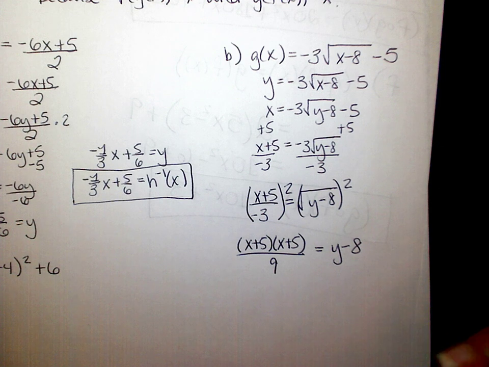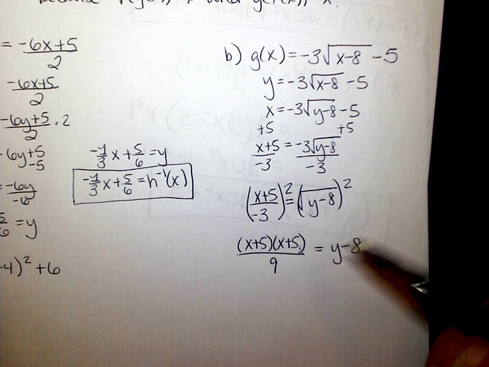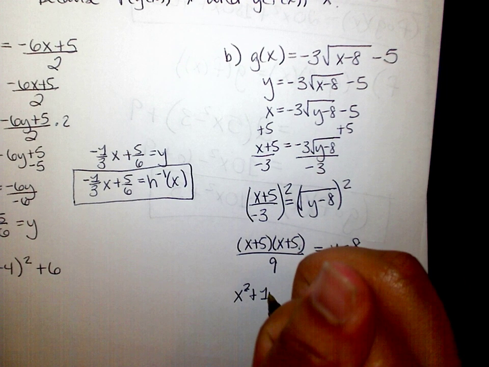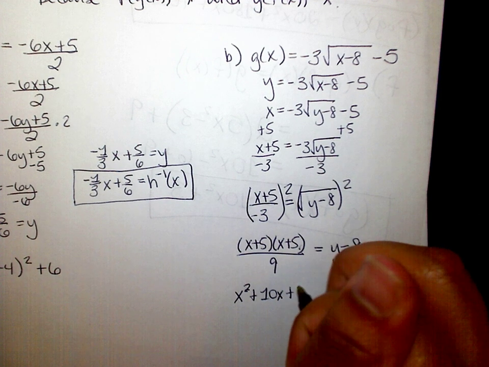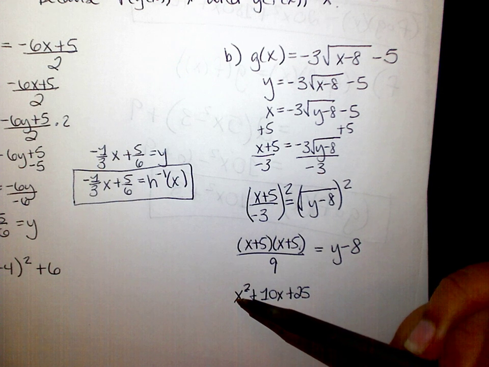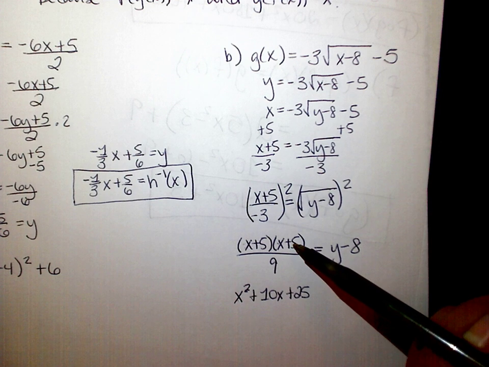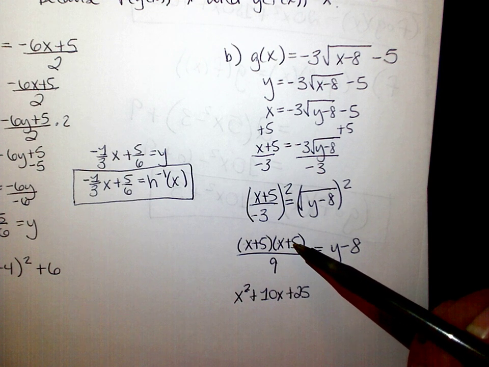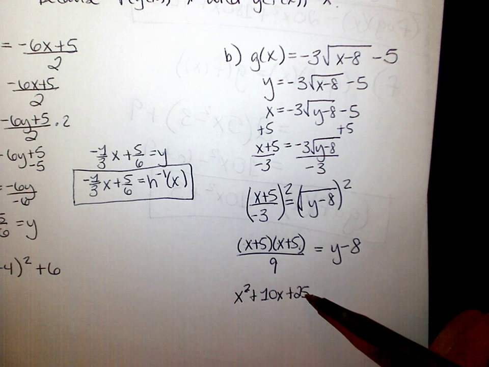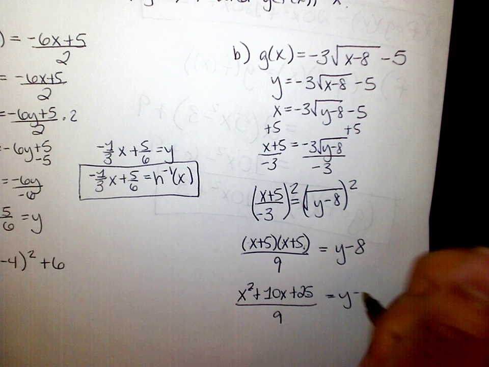So then you can double distribute this, so we'll get x squared plus 10x plus 25, because remember, x times x gives us x squared, 5 times x gives us 5x, x times 5 gives us 5x, so 5x plus 5x gives us 10x, and then 5 times 5 gives us 25, over 9 equals y minus 8.